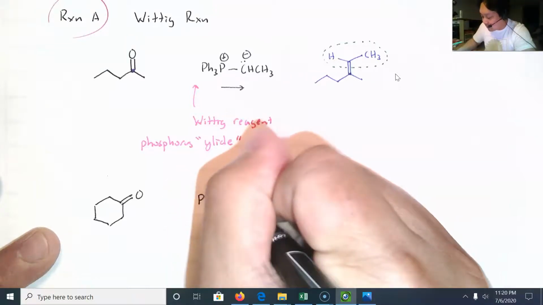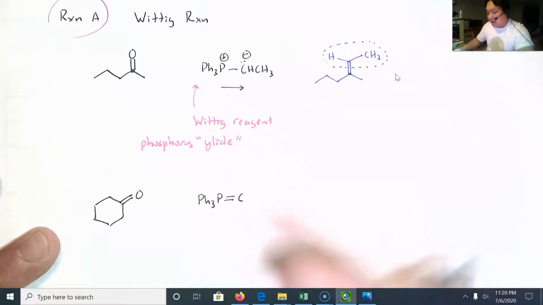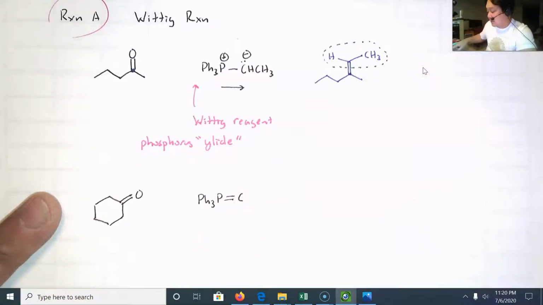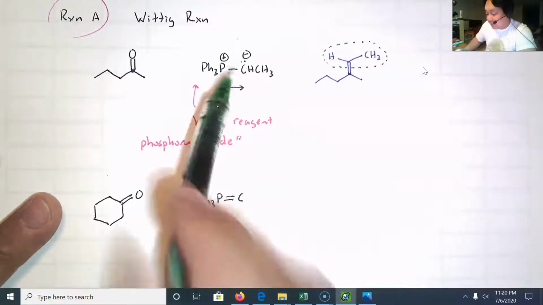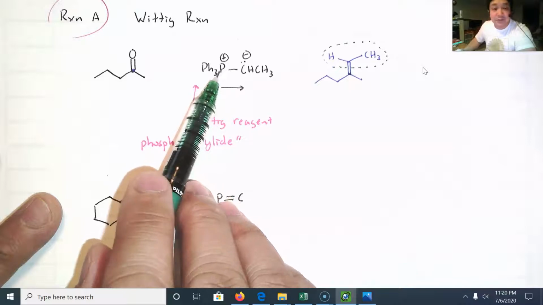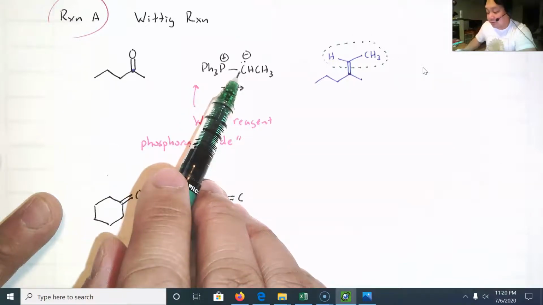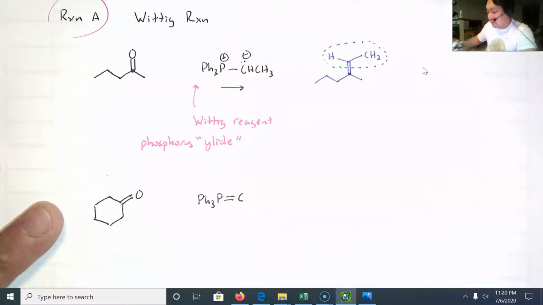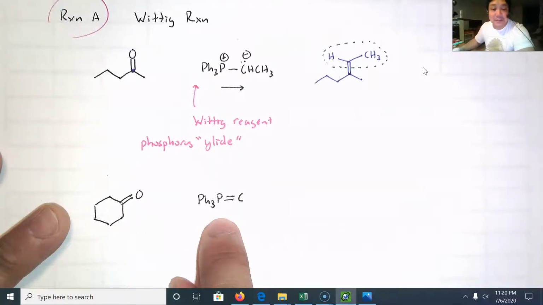Another form of the Wittig reagent could be when you have a double bond between the phosphorus and carbon. You know how we got that? By just doing resonance. By pushing these two electrons down, that will make this phosphorus neutral and this carbon also neutral. So the phosphorus ylide could also look like this.